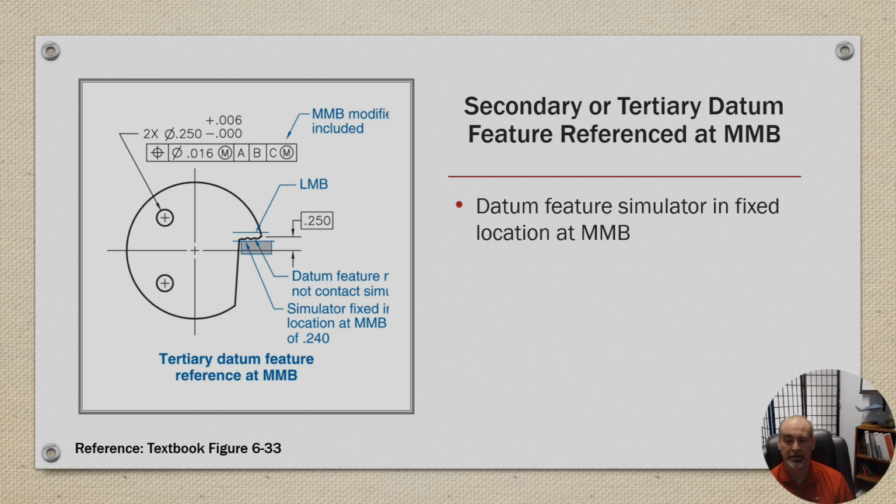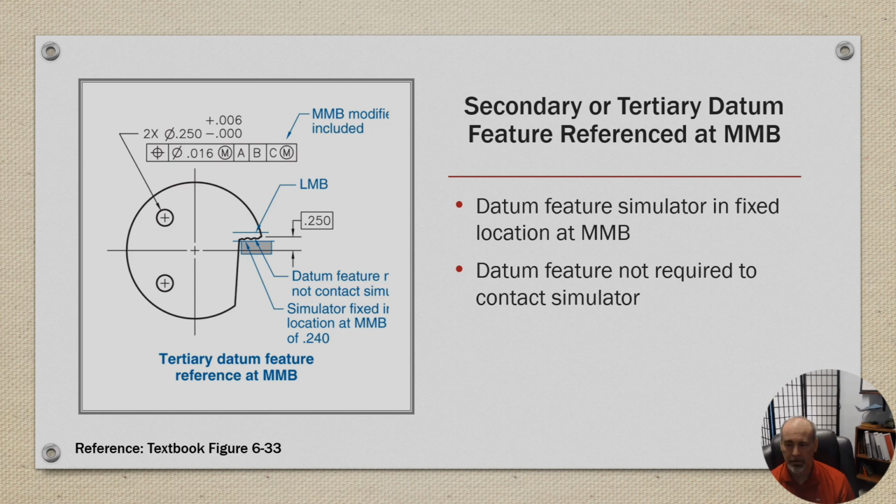So your simulator in this case would be, if that 250,000th dimension is at its maximum material boundary, so the most amount of material on that, the simulator needs to be fixed at a location of 240 thousandths. So we're assuming this has a plus or minus 10 tolerance on that location. Okay, the datum feature is not required to contact the simulator.